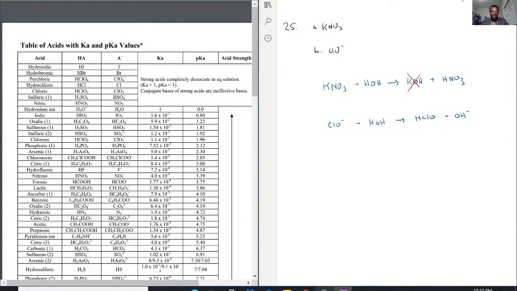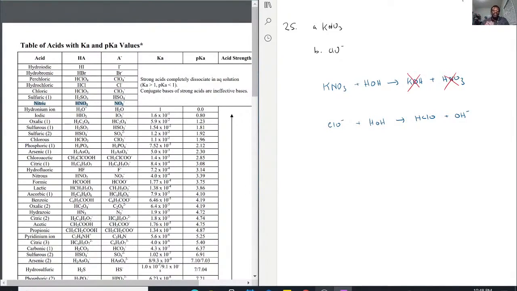And now HNO3, nitric acid, barely passes the bar for a strong acid. So this as well, no interaction. The hydrogens will be by themselves, and the nitrates will just float by themselves as well. So I crossed them out because that's all we have.